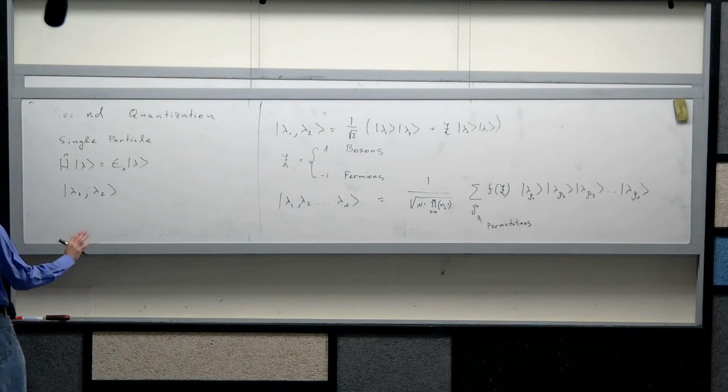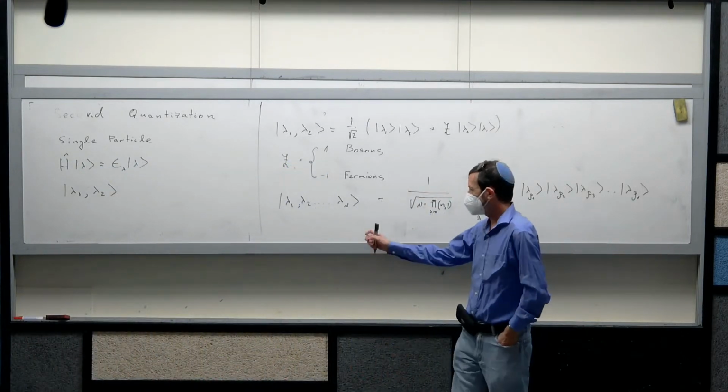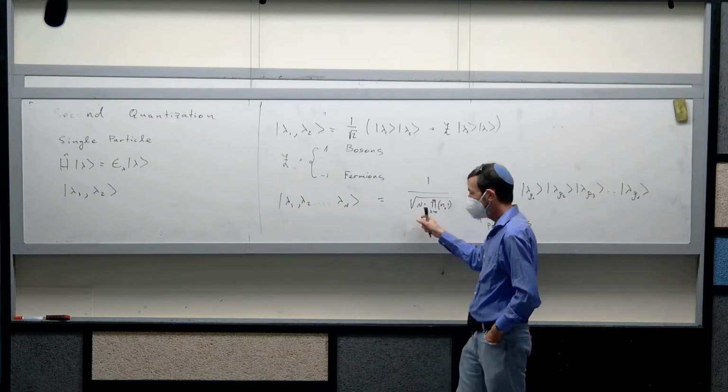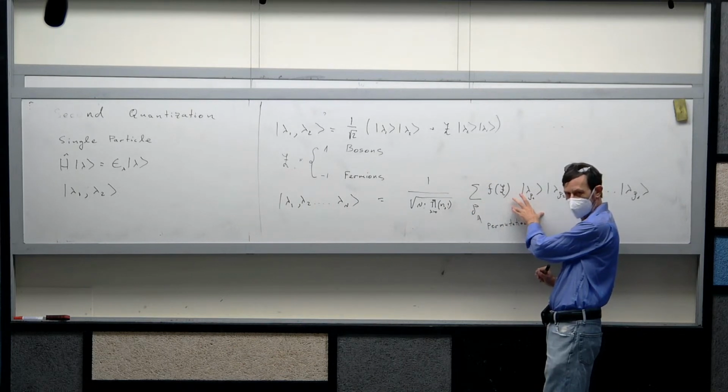So, basically, if I have these states, any states that I'm writing here actually hide these mega permutations that I have to put in.